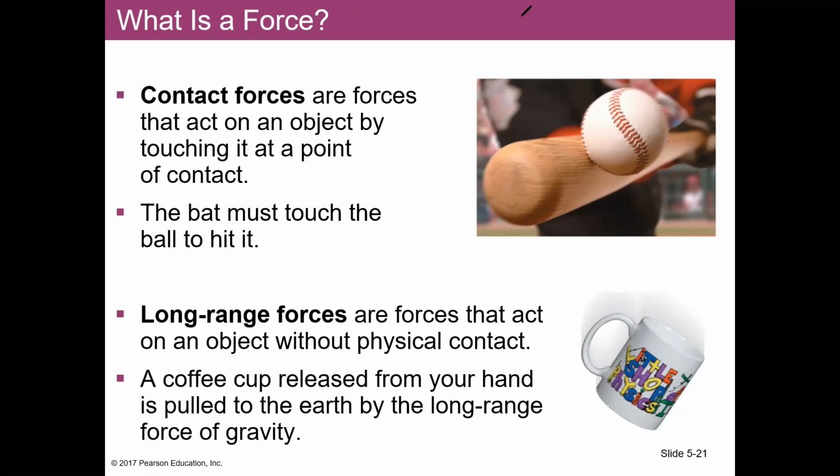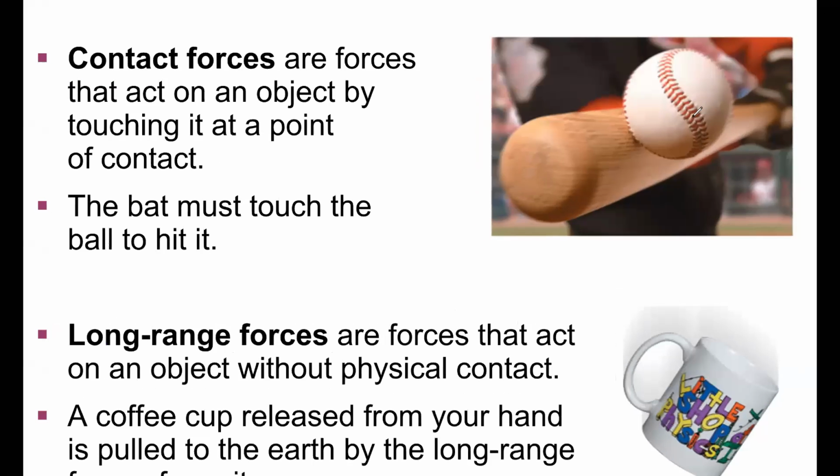What is contact? Well, Vsauce, Michael here, he's from Kansas actually, has a great video on what is touch. What does it mean for two objects to actually be touching? And the way he sort of defines it is that the outer electrons from the baseball are close enough to the outer electrons of the bat that those electrons start to push against each other measurably.